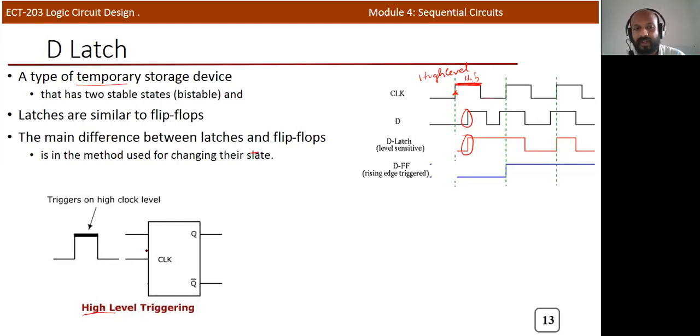This is a positive level triggered flip-flop. So in this duration, there is a change in input, but there is no change in the output, because this flip-flop is sensitive only in this duration, positive high. The next high will occur in this particular duration, and if there is a change in this duration, it will reflect at the output side.